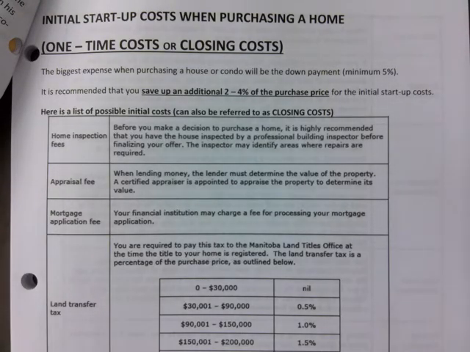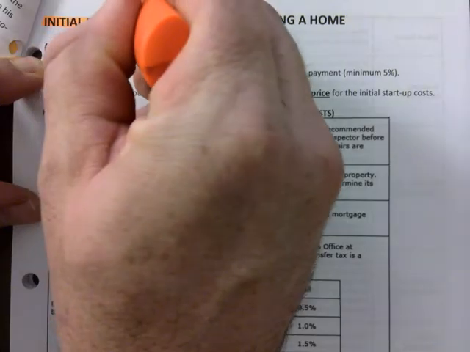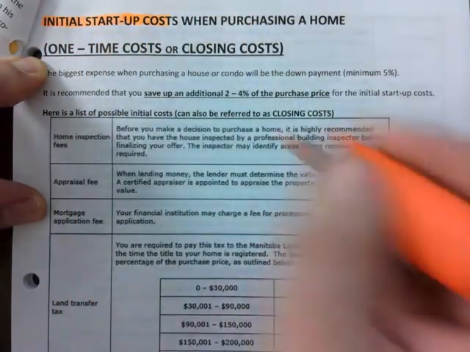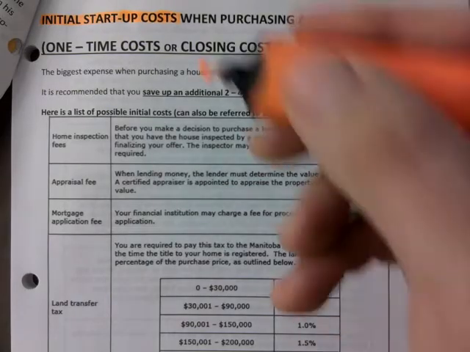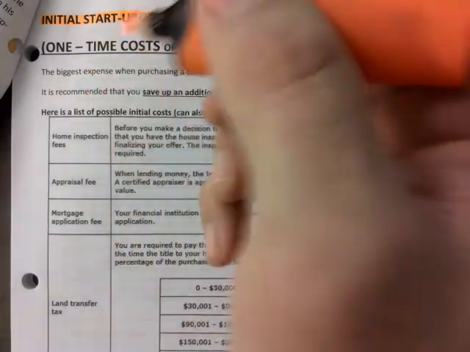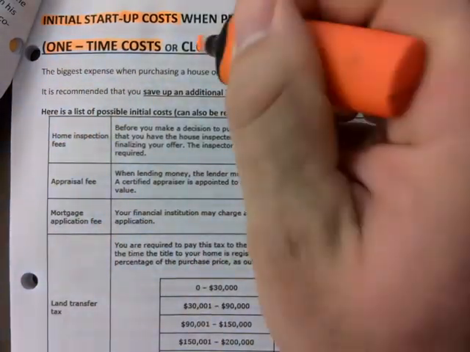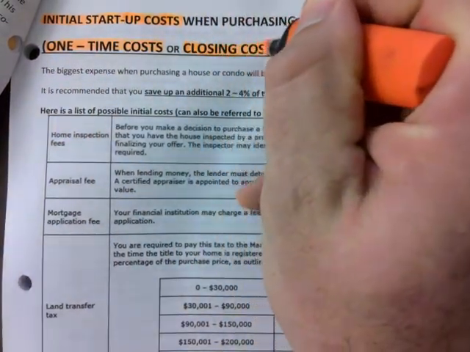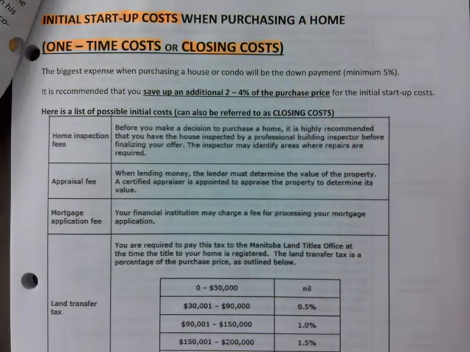That's great. Okay, so age 18, initial startup costs when purchasing a home. These ones here that I'm showing you are called one-time costs, sometimes referred to as closing costs because you're closing the deal.